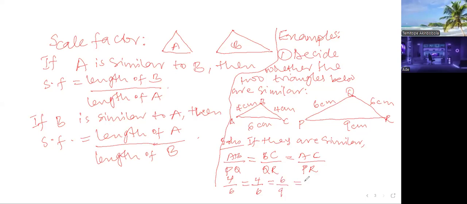So I can reduce 4/6 to be 2/3, 2/3. Then I can reduce 6/9 to 3 here 2, 3 here 3, 2/3. Can you see that? Yes, sir.